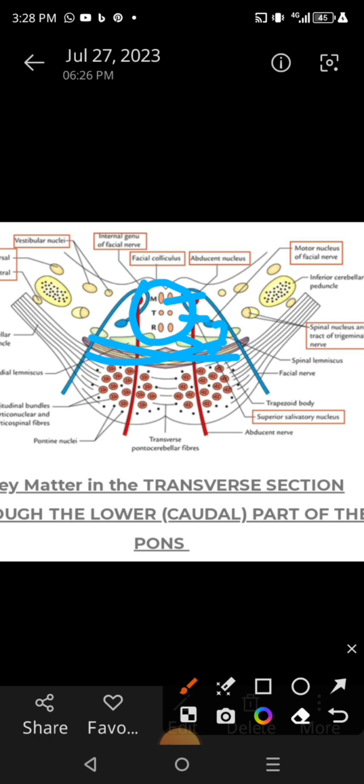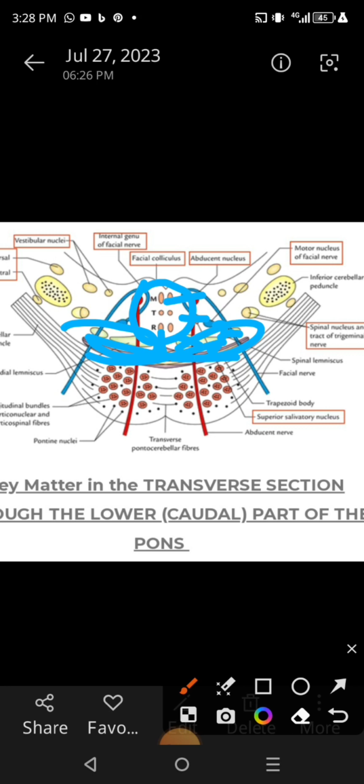That spinal lemniscus would be showing the lateral spinothalamic tract, right? So it is lying lateral to the medial lemniscus. Okay, and what other tracts can you observe? Definitely all these lemnisci which are present here, the medial lemniscus and the spinal lemniscus, are all forming the ascending tracts or white matter.